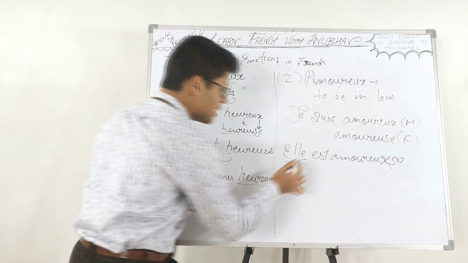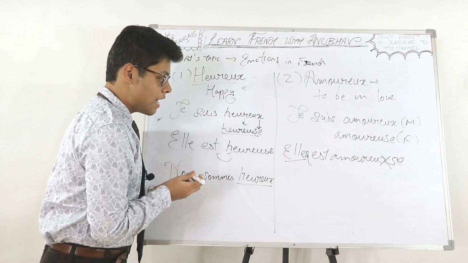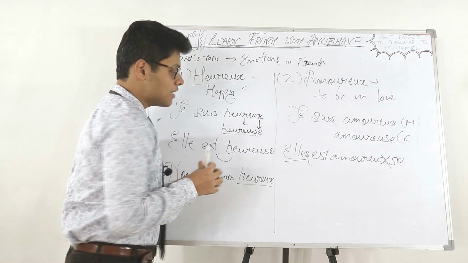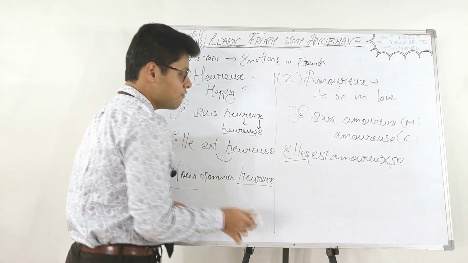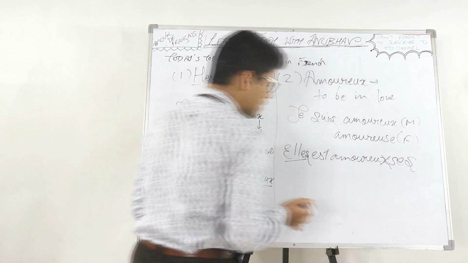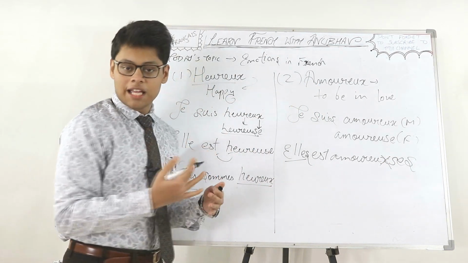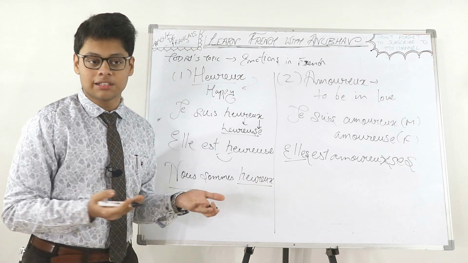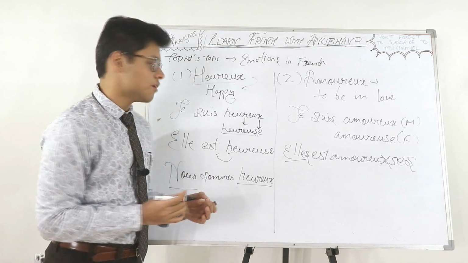Okay, now if the subject is feminine plural, elles sont amoureuses. The pronunciation will remain the same, but while writing, there will be a difference. The difference is adding an extra S right here. While speaking, we don't pronounce the last consonant in most French words. But while writing, it does make a lot of difference.